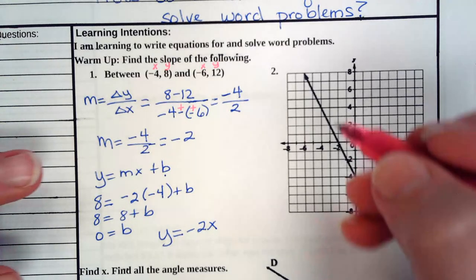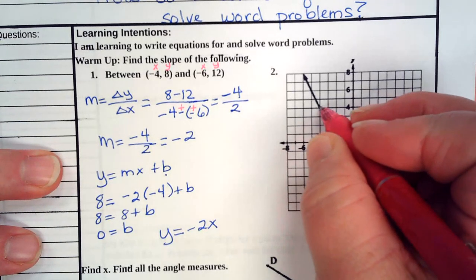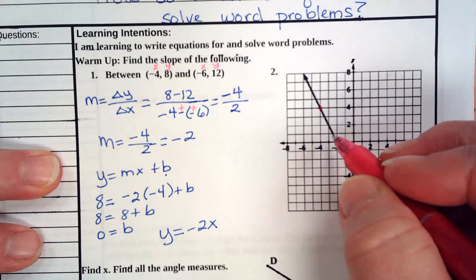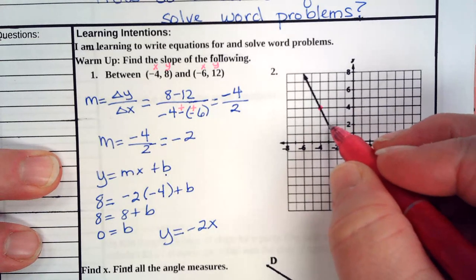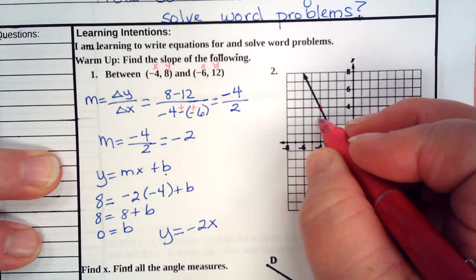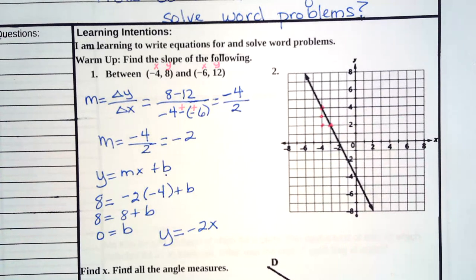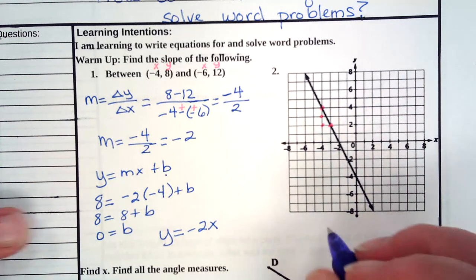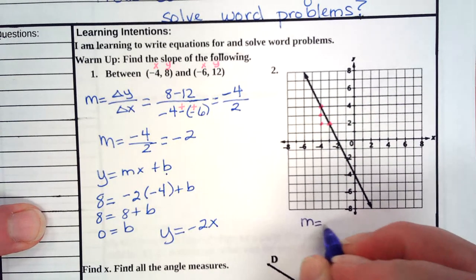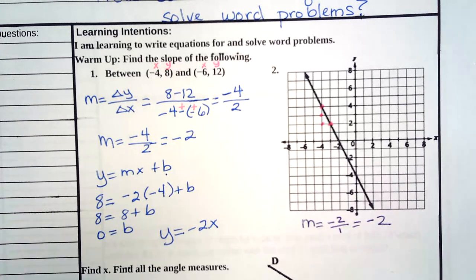I've got to find where it goes through a corner of a box. So I notice it goes through here. As I come down, it goes through here again. Now I count. I go down 1, 2, and I go right 1. So my slope would be -2 over 1, which is -2.